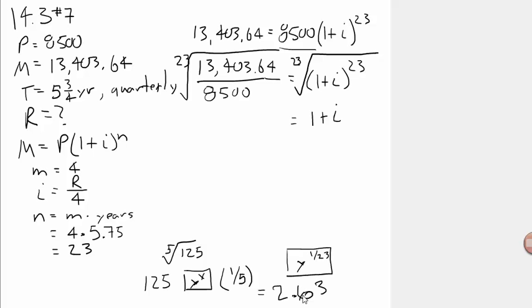Okay. So if I want to get the 23rd root of this, first I'm going to do the math inside and have that in my register. So I'm going to take 13403.64 divided by 8500, and that's equal to 1.58.